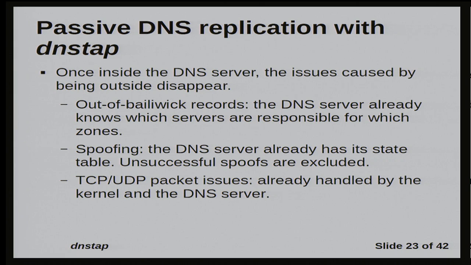Now that we're inside the DNS server process and doing passive DNS replication inside the DNS server, all these problems that we identified earlier suddenly just disappear. For out-of-bailiwick records, since the DNS server already knows which name servers are responsible for which zones, it can annotate the message with that information, so we don't have to reconstruct that after the fact.